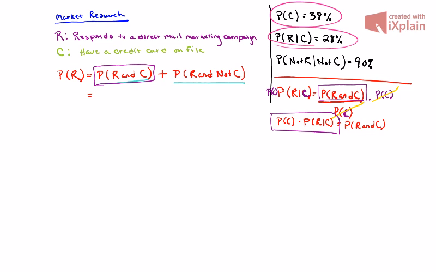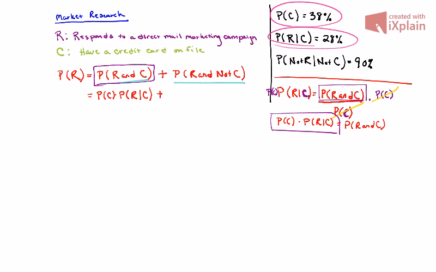So I'm going to jot this down. Again, I'm just doing a substitution. An equivalent statement for the probability of someone responding and having a credit card is the product of the probability of having a credit card times the probability of responding given that you have a credit card.